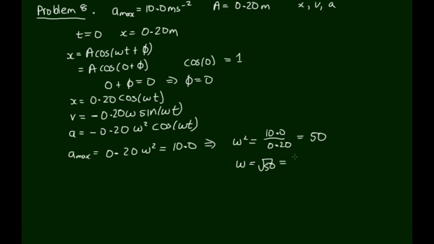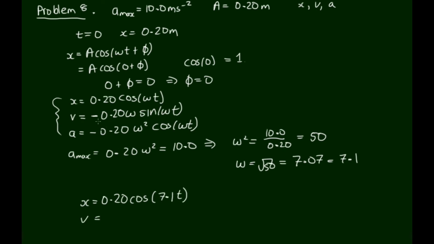And if we work that out on the calculator, we end up with 7.07, which is equal to 7.1 to two significant figures, as the amplitude was only given to two significant figures. Okay, so now we can substitute everything into these expressions here to give our final expressions. So x is equal to 0.20 cos omega, which is 7.1 t.